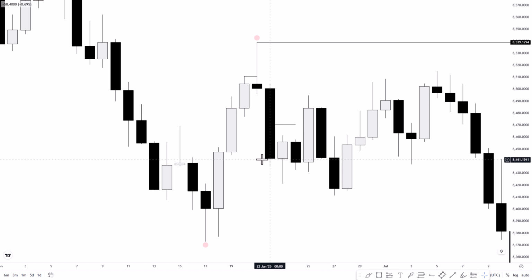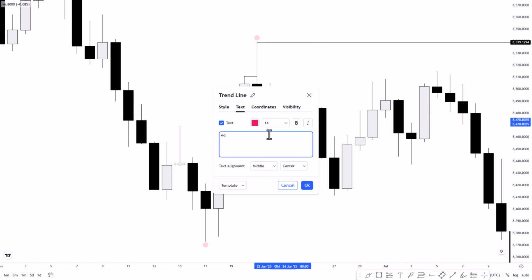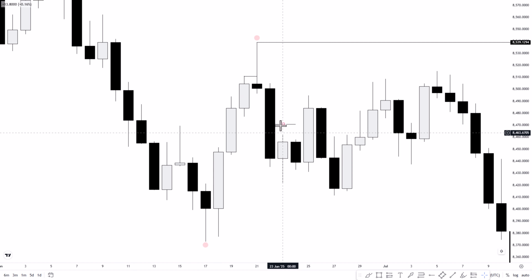Why? Because the market opened at this level and sold, and also bought. But using our EQ level, which is the equilibrium, it is not yet tapped by price on day 4. If you look, price did not come into the equilibrium on day 4.